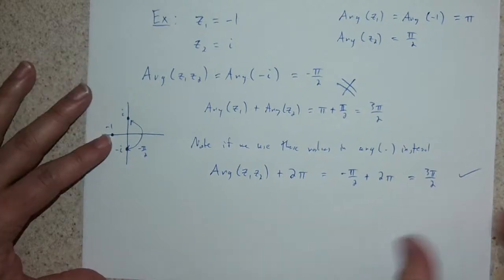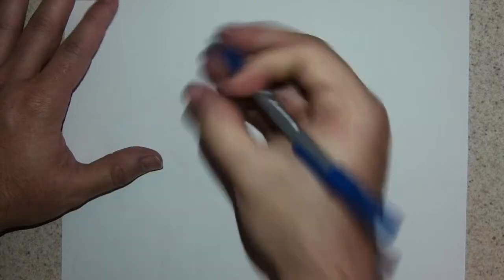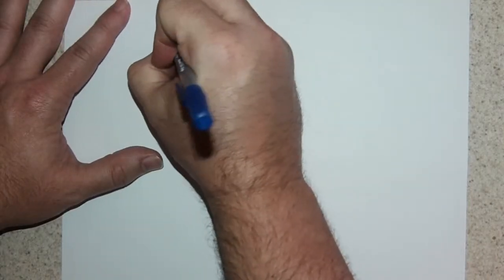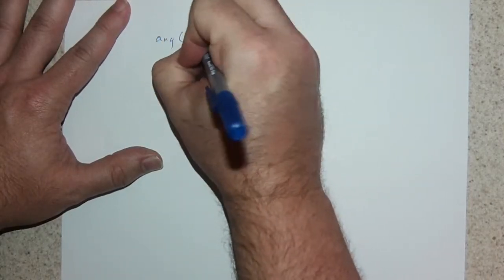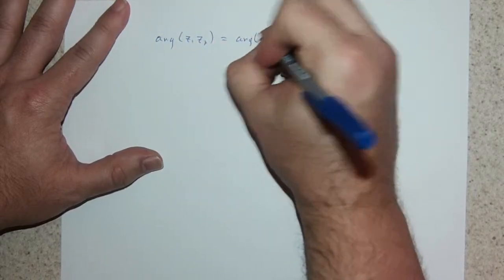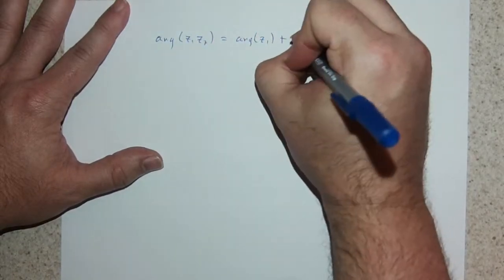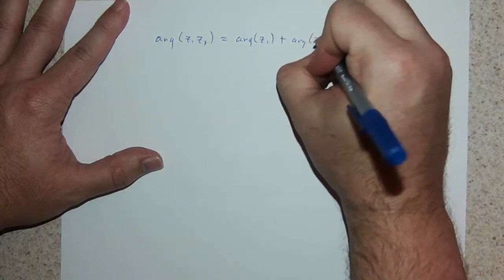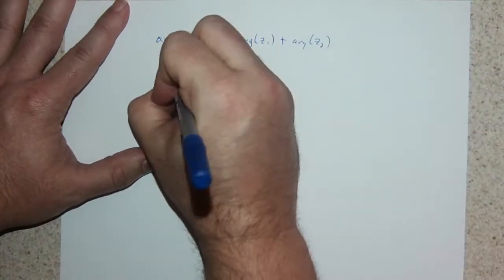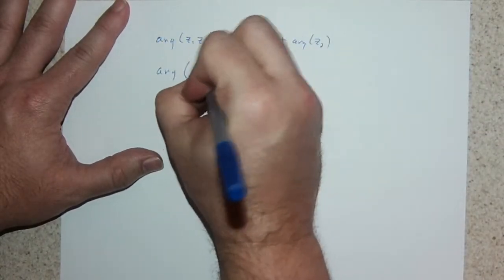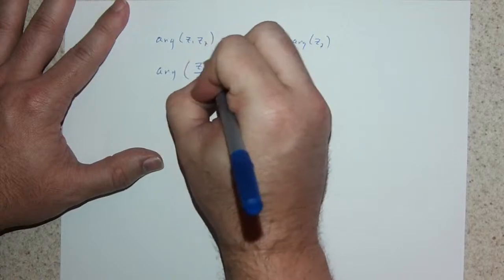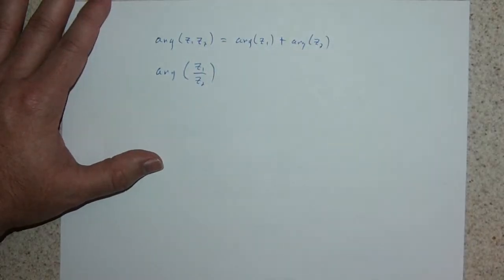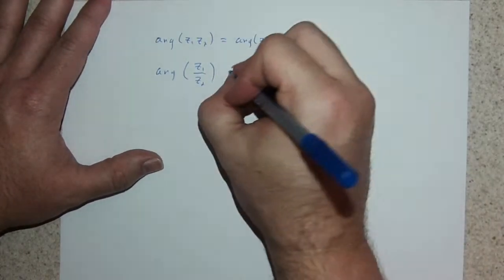I'm actually going to rewrite that. Maybe I'll get another sheet of paper. So here I'm going to rewrite the fact that the arg of a product is actually the sum of the arguments. If I consider the argument of a quotient, what do you think this is?